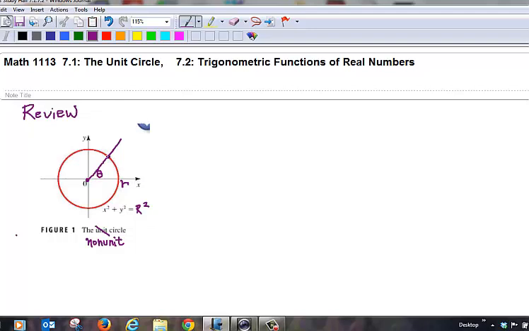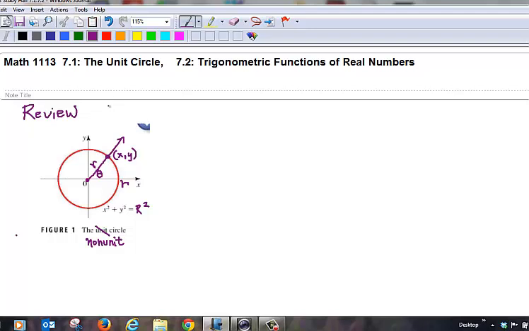And we said if we can identify one point on the terminal side of that angle, we'll call that point xy, that we can establish the 6 trig ratios from this point and the radius of the circle, or the distance from the origin to that point.